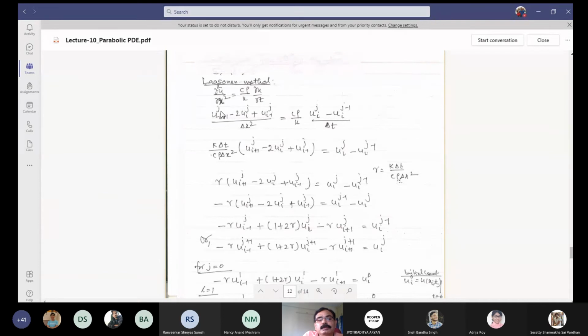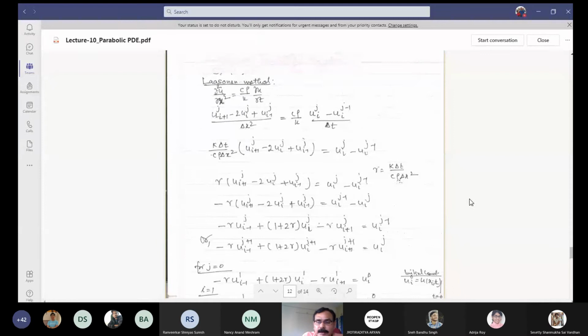So this is u i plus 1 j minus 2 u i j plus u i minus 1 j divided by delta x square equal to 1 by k times u i j minus u i j minus 1 divided by delta t. For the t part, the backward is used, right? Yes, sir. Again, you get the implicit scheme by writing r equal to k delta t by delta x square, that is the mesh ratio.